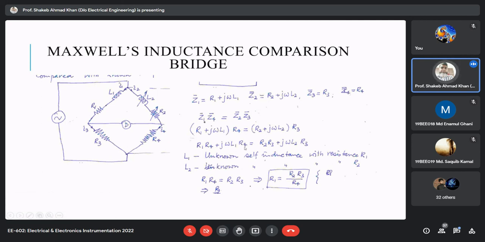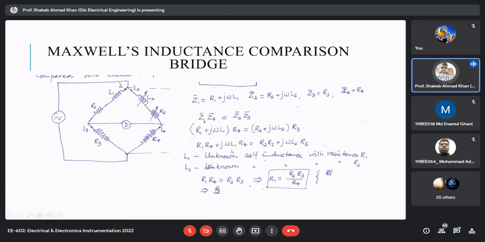On the left side and the right side you should have real and imaginary parts, and then you equate real and imaginary parts separately. We have two unknowns here and one equation, but if we equate real and imaginary parts separately, we will have two equations, and from these we can find the unknown values in terms of the known components of the bridge.